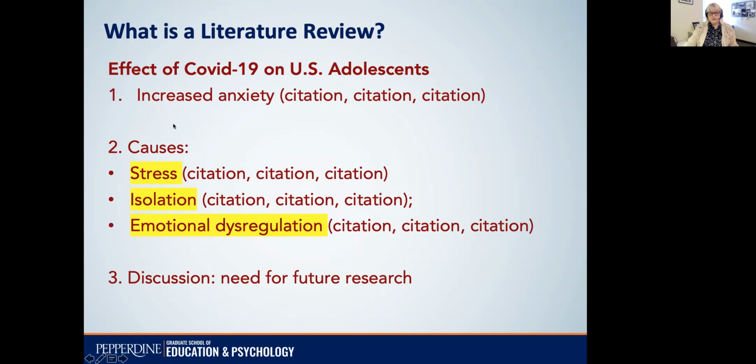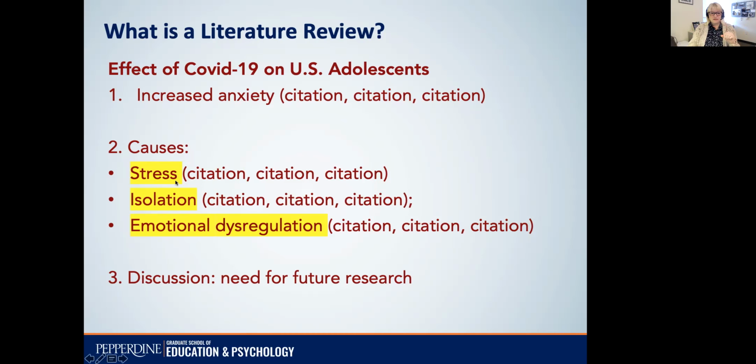I'd probably have 2 or 3 paragraphs here. So I might have some other details. But let's say I have 1 to 2 paragraphs. If I have a main idea that shows my keywords, effect of COVID-19, US adolescents, and in this case, increased anxiety, that's going to be my main idea. That's the key to understanding that whole section.